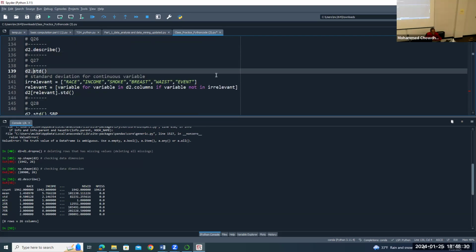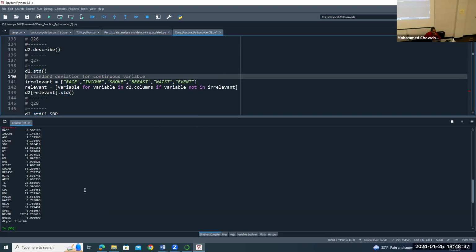Now, how can you find the standard deviation for each variable of the D2 data? Just run line number 139. Here is the standard deviation for each variable of the D2 data.